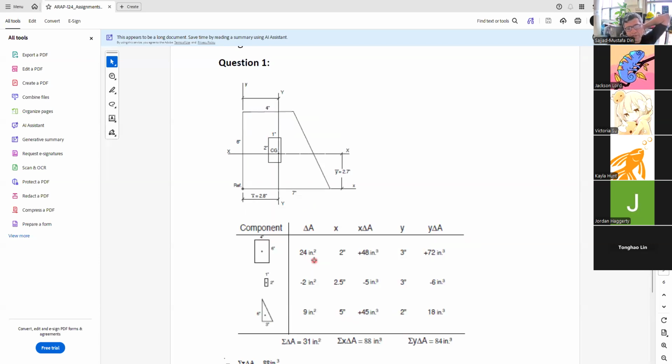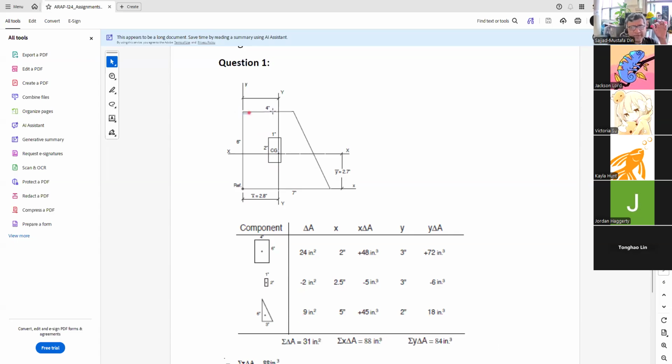Now, for the second area, it's going to be 1 times 2. So it's going to be 2 square inches, but it's a void, so you're going to put a minus in front of it, right? That's key. That's important.